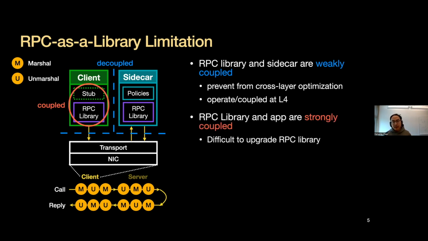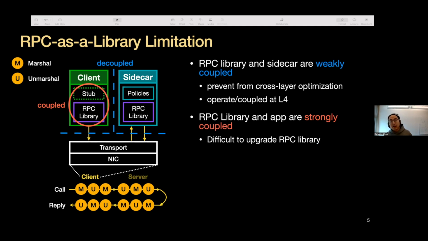The second thing is the RPC library and the application are strongly coupled. So it is difficult to just upgrade the RPC library without shutting down the application itself. For example, if you find a certain bug in the gRPC library, you want to upgrade the gRPC library, it means you need to shut down the process that is using the old version of the gRPC library.